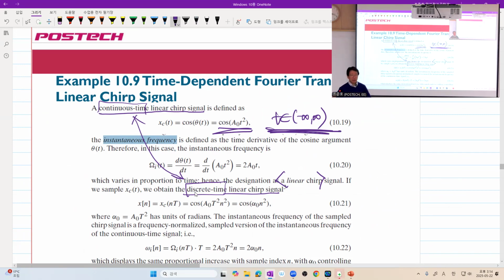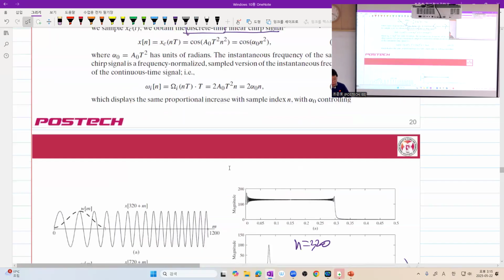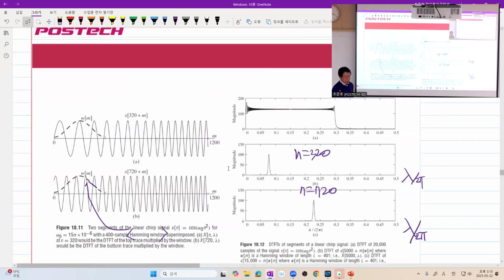It's not like a jack. It's like going up to possibly infinity. But anyway, we are going to use a rectangular window. So here we fix the window, and from 0, here goes the linear chirp.